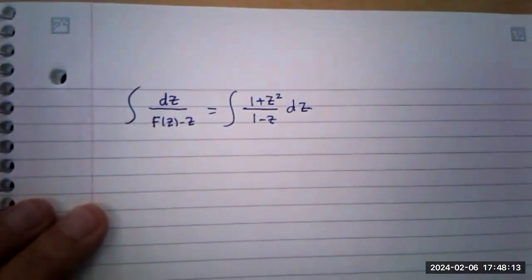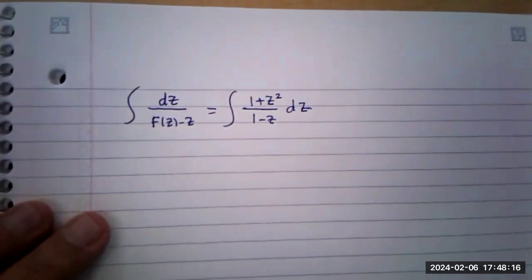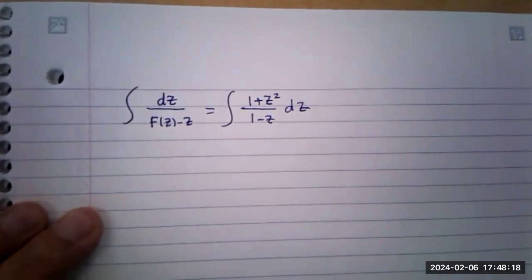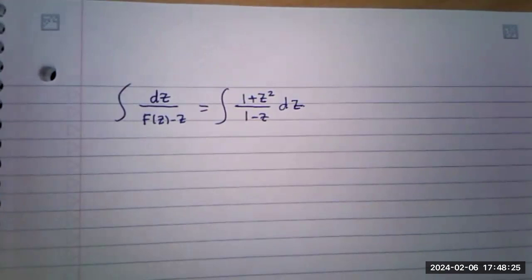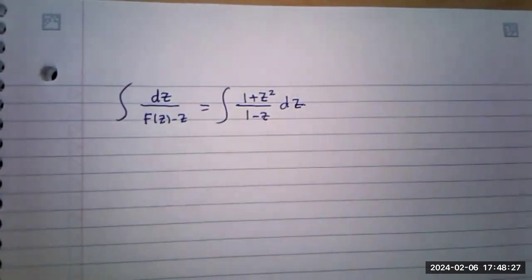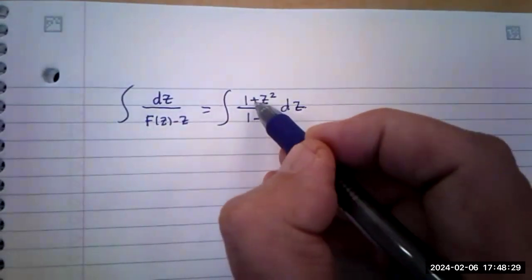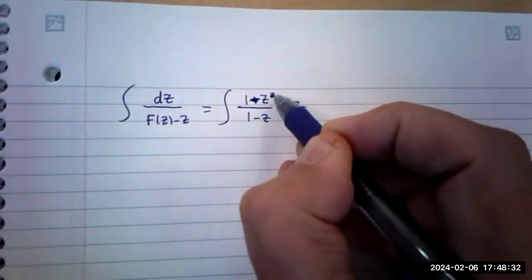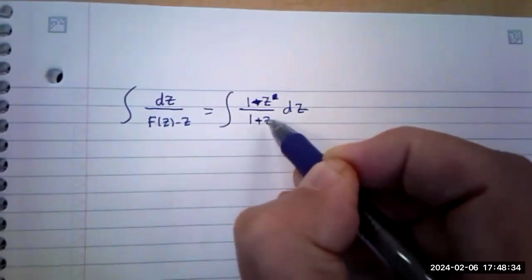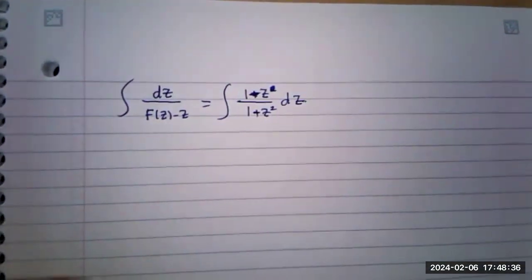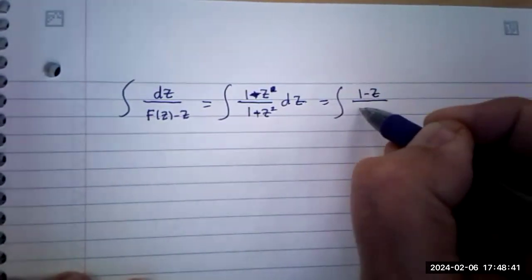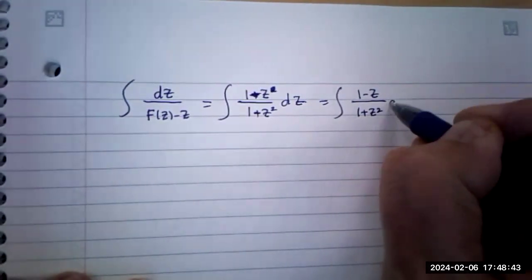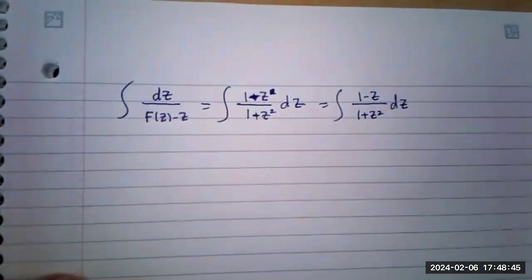Isn't 1 minus z on the top? I'm sorry, yes, you are right, because I did the reciprocal over there. I rewrite it so that now it's going to be 1 minus z over 1 plus z squared dz. You have to find this integral. Any suggestion?